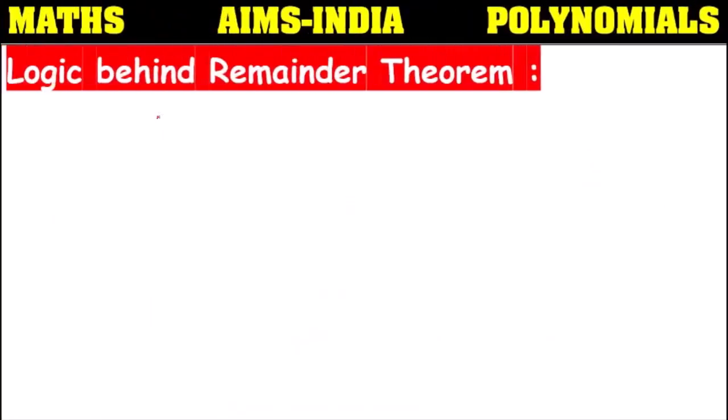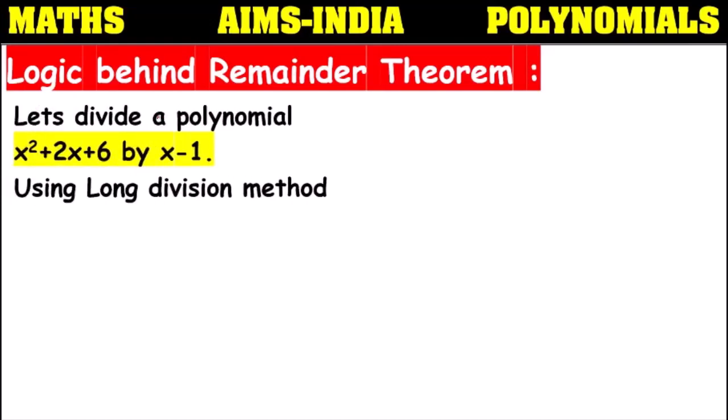Let's see the logic behind this remainder theorem. So let's divide the polynomial x square plus 2x plus 6 by x minus 1. Let's divide using long division method first, then we will verify with the remainder theorem.